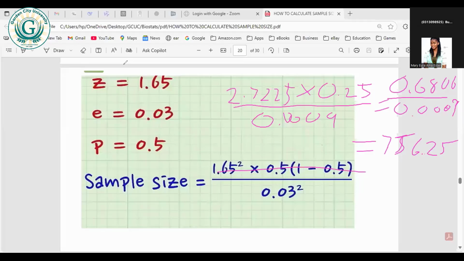She's saying that we had 756.255 and she's getting 756.25.